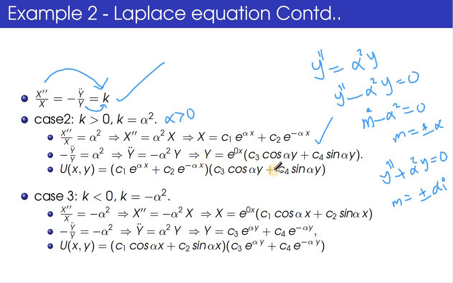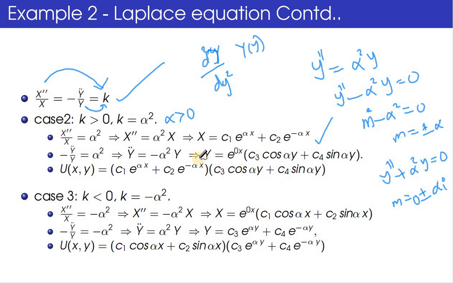Therefore the solution is going to be Y equal to e raised to 0x, because the real part is 0 here, into some constant into cos alpha y, because here you have to be careful. Y double dot means d square capital Y by d small y square, because capital Y is a function of small y.